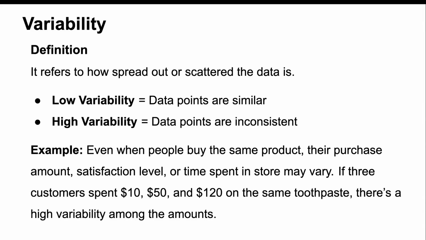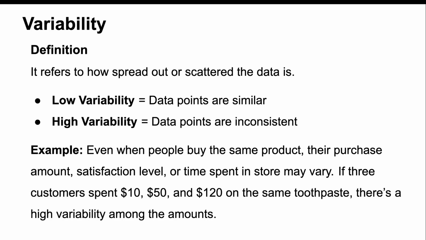Variability. Variability refers to how spread out or dispersed data points are within a data set. Variability describes the extent to which data points differ from each other. It's a fundamental concept because real-world data is rarely uniform, and understanding spread is as important as understanding central tendency.